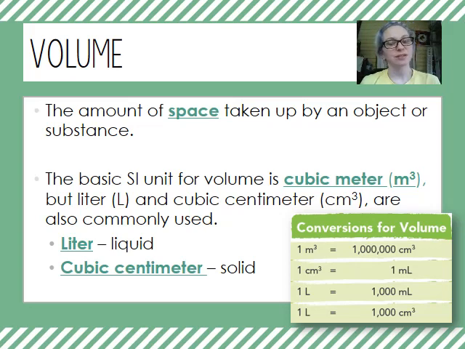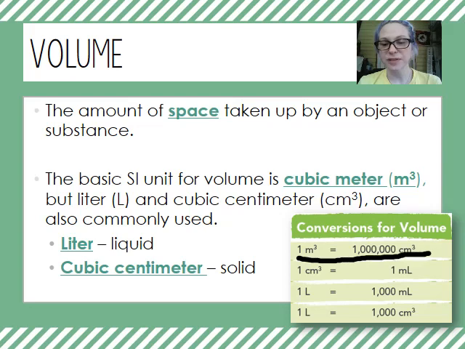Meter stick is pretty big, so a cubic meter would be quite a large box. So in class we use the liter or milliliter more often than not, and cubic centimeter if we're measuring a solid. And so liters are for liquids, cubic centimeters are for solids.